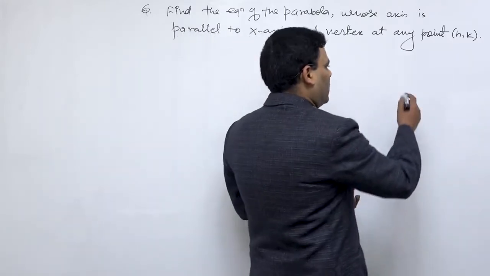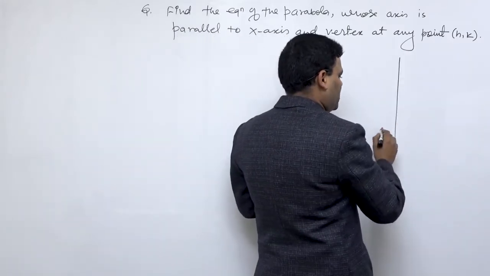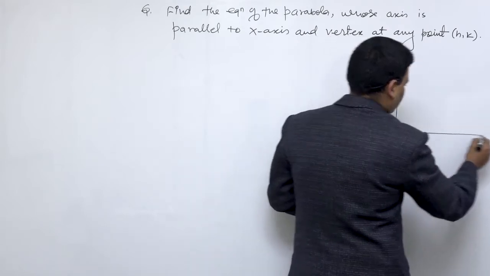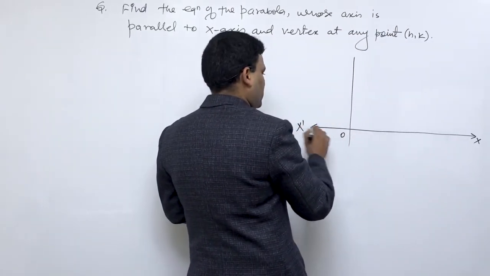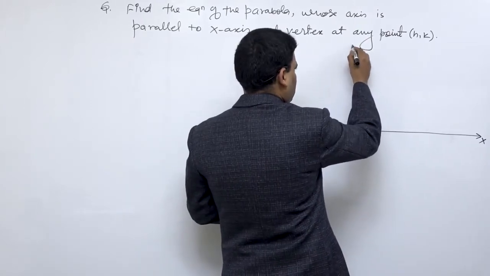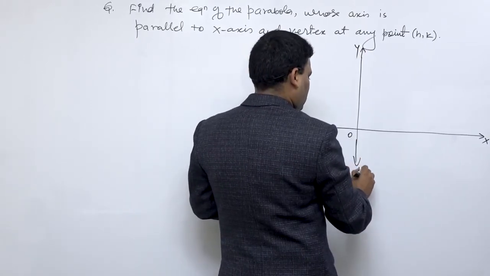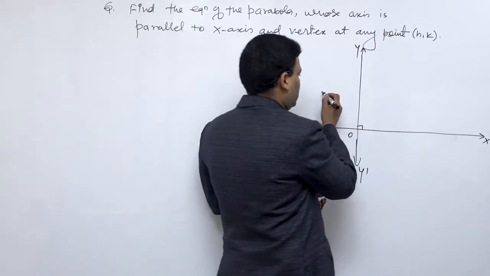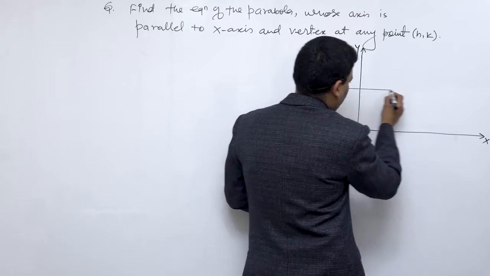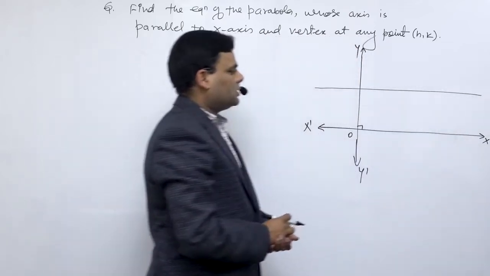Now to obtain the equation of such a parabola, this is x-axis, x dash, and this is the perpendicular line, y dash, known as y-axis. By the question the axis is parallel to x-axis.